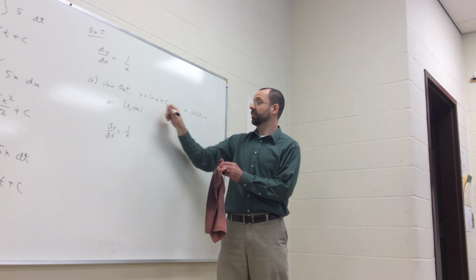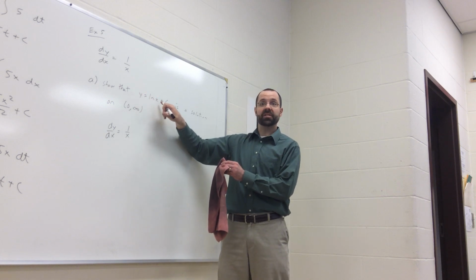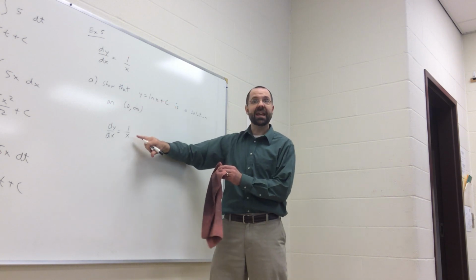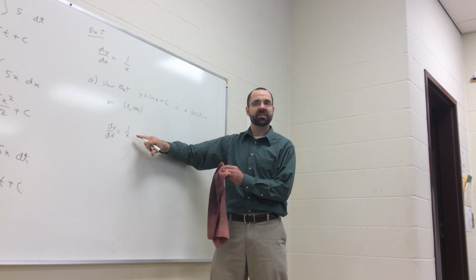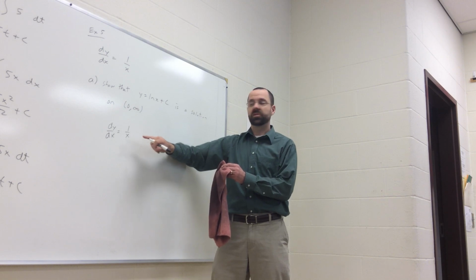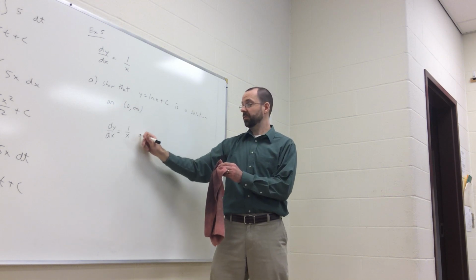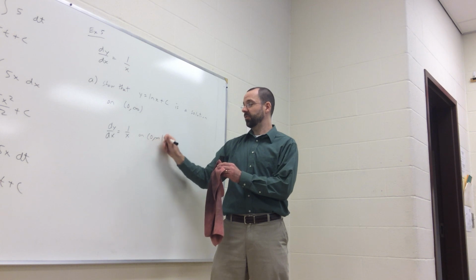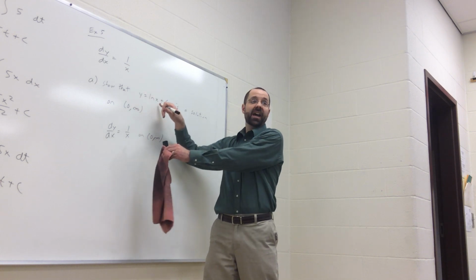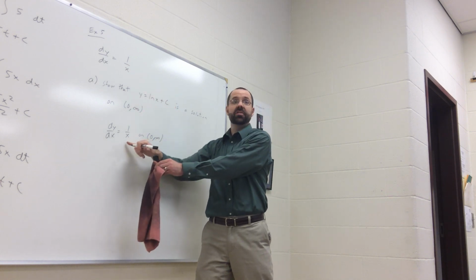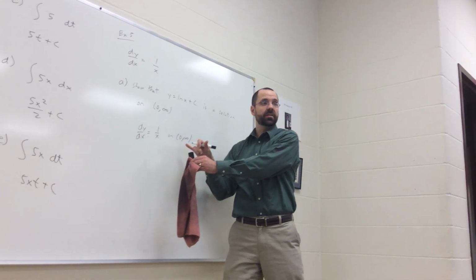So right here, x had to be positive. You can tell that here, but here you can't tell that x has to be positive. So we better specify that. Since the original formula had to have a positive x, that means the answer has to have a positive x. That's all this is saying.